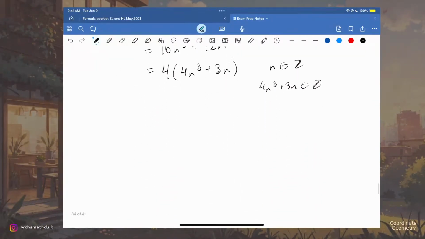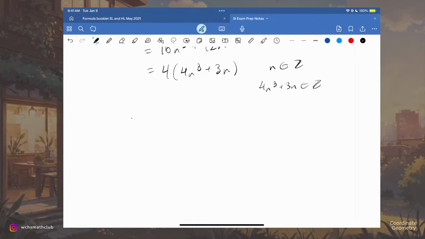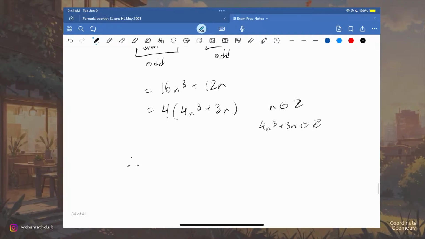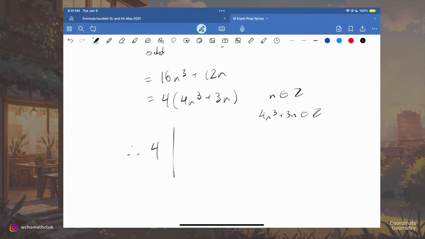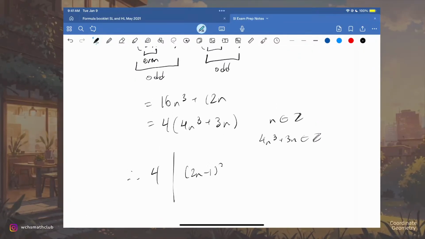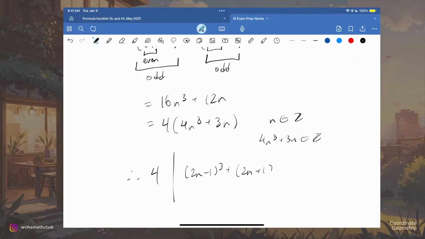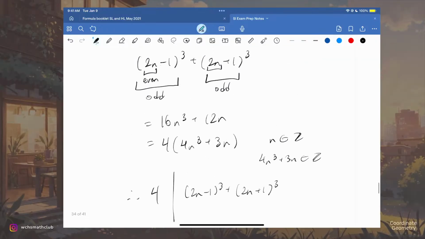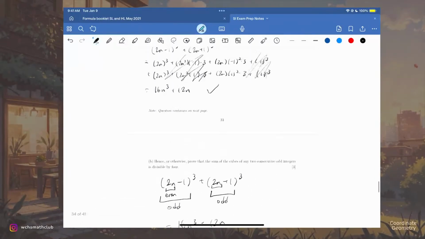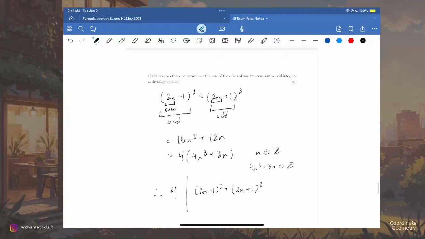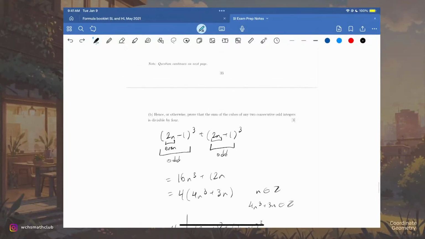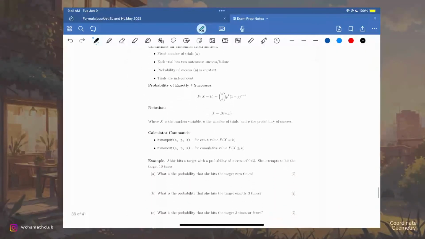If you were to write this on the SL exam, I would probably just do therefore 4 divides, this is the divide symbol, it's a vertical line, and then the term on the left, okay, and then we are done. So that's essentially the gist of binomial expansion. If it ever asks you to prove any statement and says hence or otherwise, just basically ignore the hence or otherwise. Okay, we're going to move on quickly to binomial probability.